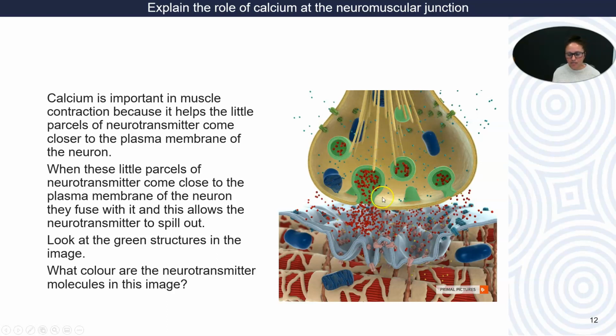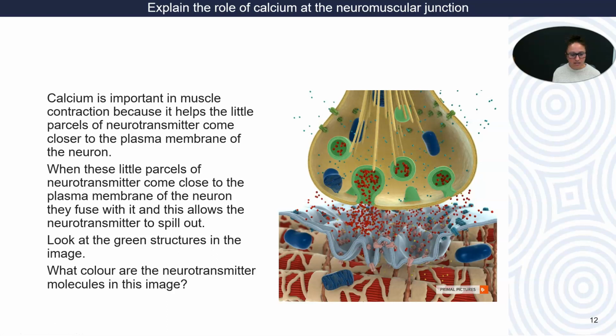Calcium pushes them towards the plasma membrane. When these little packets get close to the plasma membrane, they merge with it, and that allows what's in the little packages to come out.